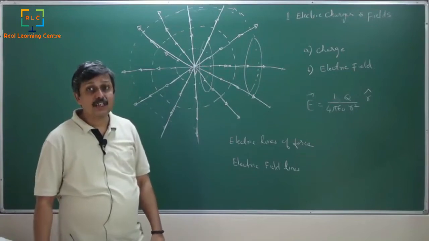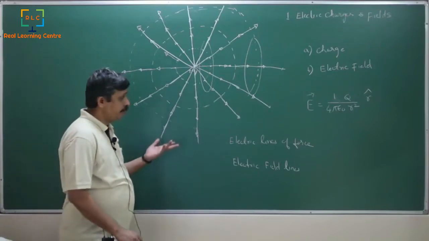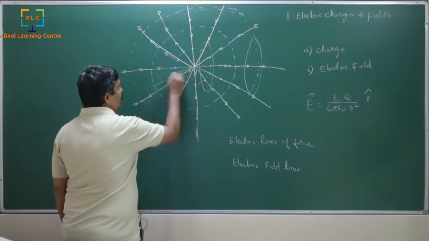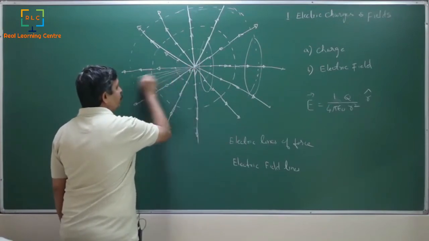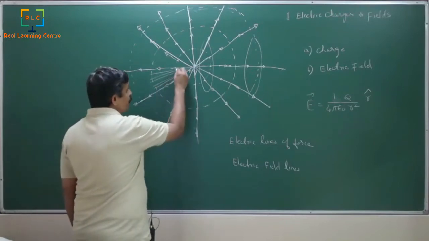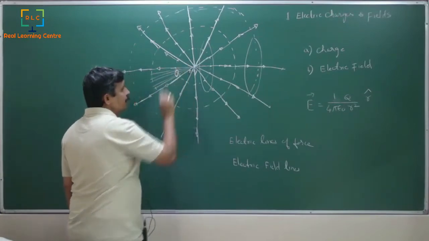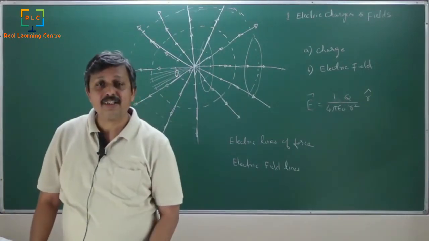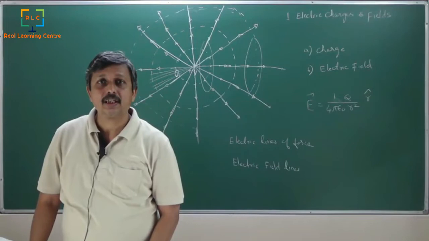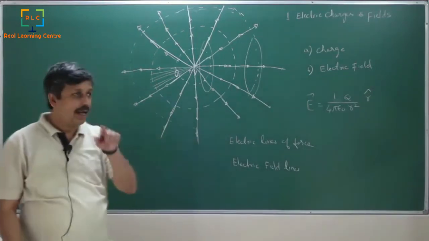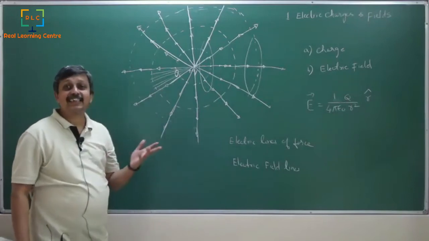So, if you actually calculate, when you start drawing lots and lots of lines like this, and you want to take one small area, the number of lines you take in that small area divided by the surface area of that small area gives you the density.